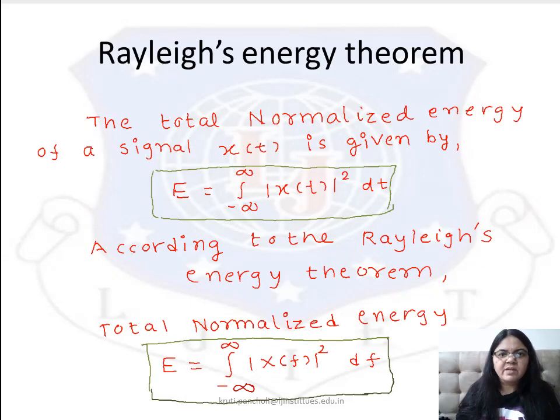So the total normalized energy of a signal x(t) is given by E is equal to integral from minus infinity to infinity of modulus of x(t) whole square dt. According to the Rayleigh energy theorem, total normalized energy E is equal to integral from minus infinity to infinity of modulus of X(f) square df.